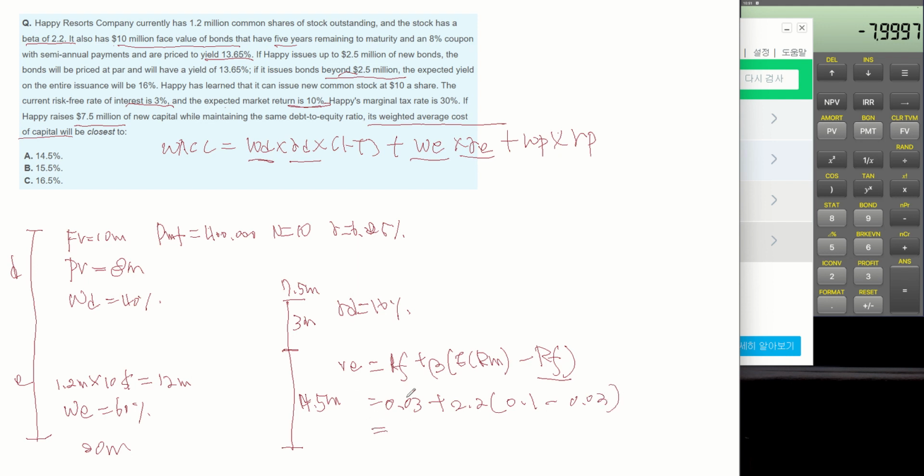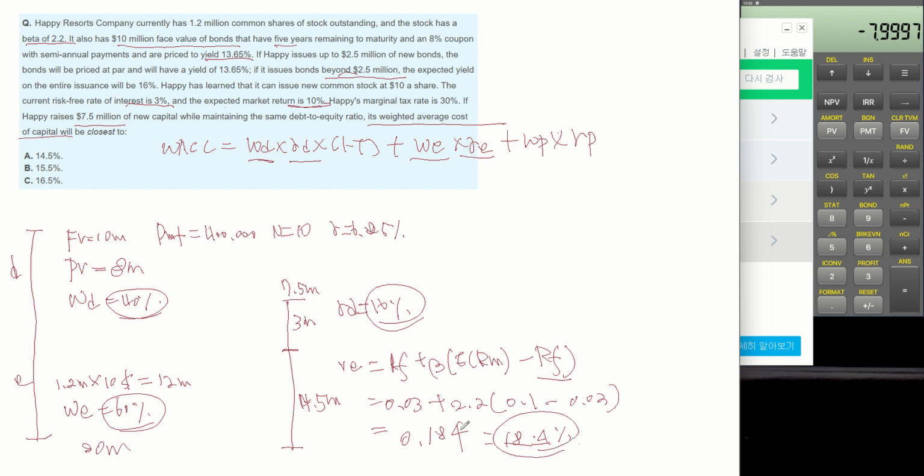We calculate this and the cost of equity becomes 0.184, 18.4%.